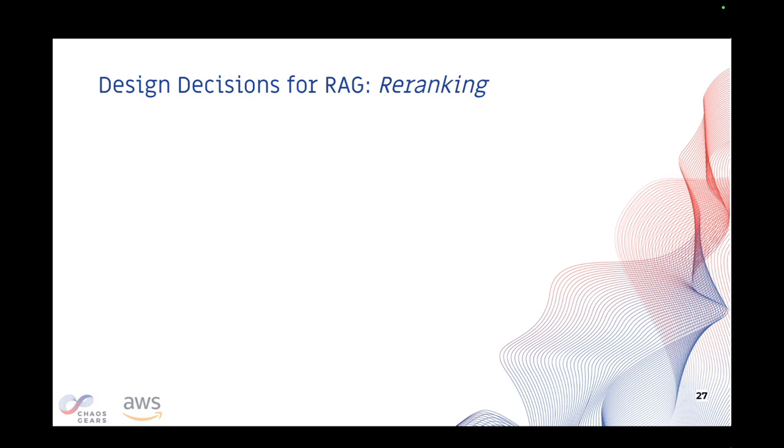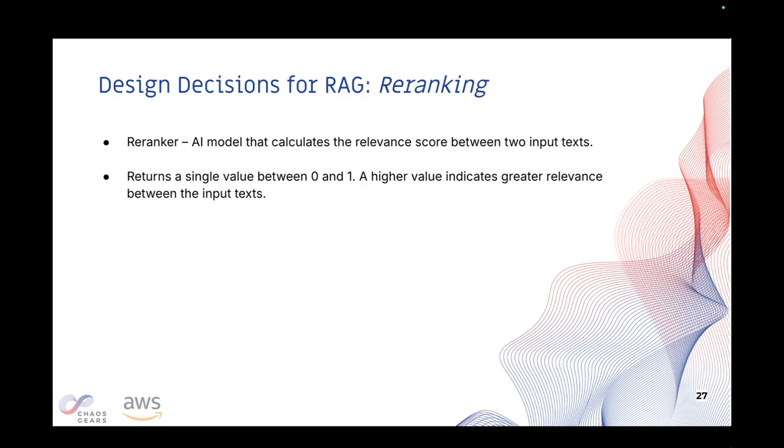Okay, the next thing is ranking. Regarding ranking, a Ranker is an AI model, and it focuses on calculating the relevance score between two input texts. So it returns a single value between 0 and 1, and the higher the value, the more relevant those two texts are to each other.